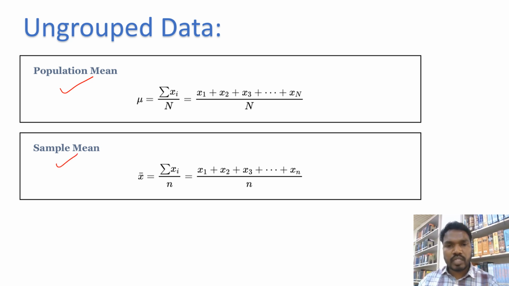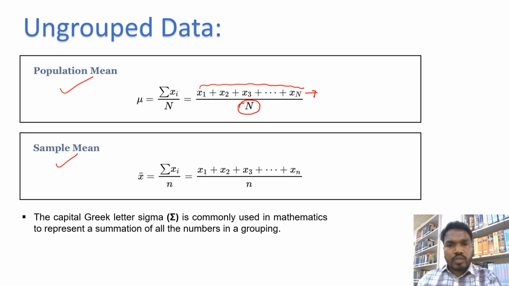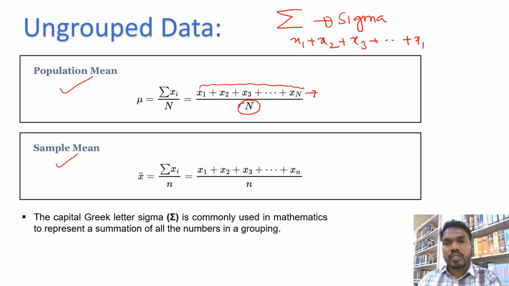How can we find the mean? Suppose n observations are there: you just take the sum of all these observations and divide by the total number of observations. Similarly for the sample mean also. Here we use one letter frequently in statistics, called sigma. Suppose I have 10 observations, x1, x2, x3, and so on up to x10. This denotes the sum of 10 observations.